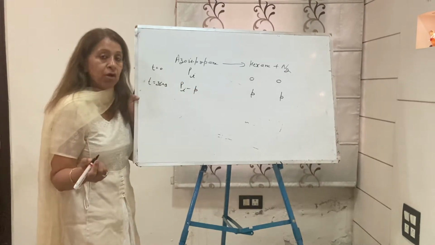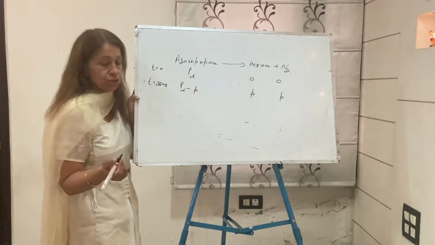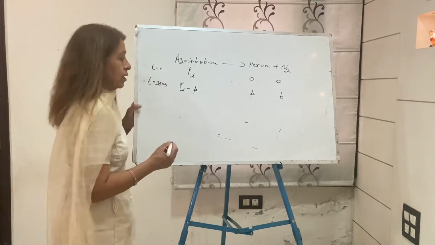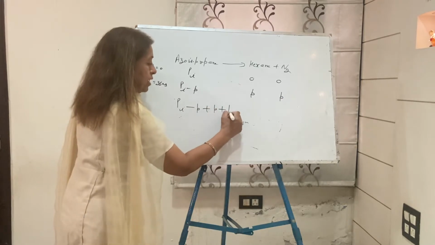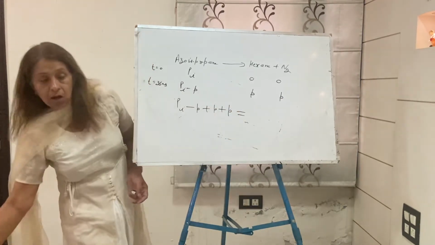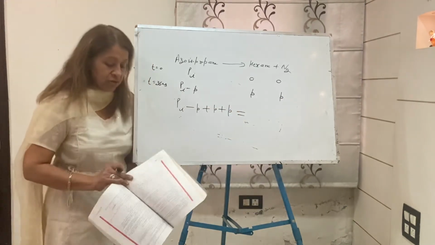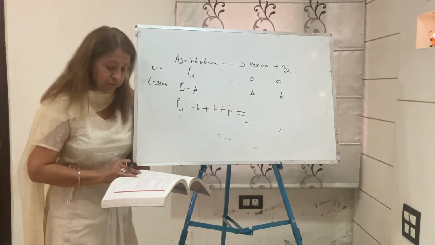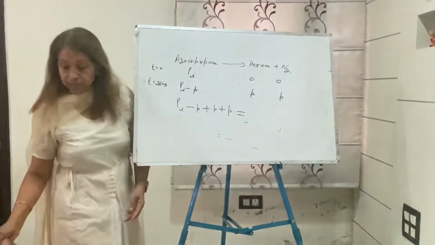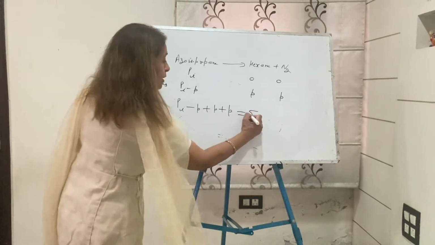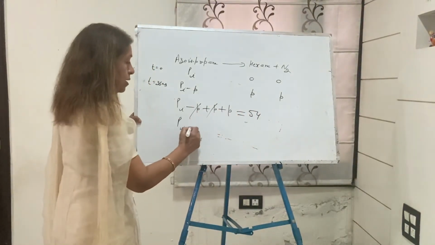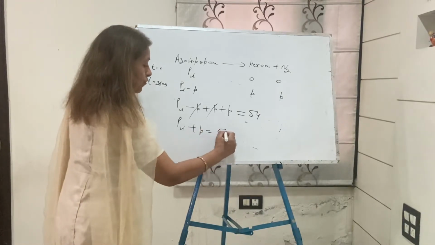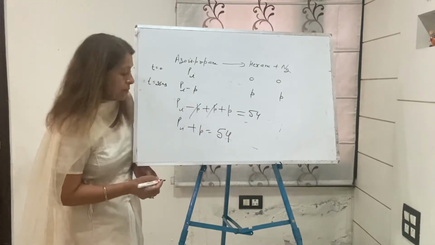That you know we have already done in class 11th, in the chapter on chemical equilibrium. Total pressure is Pi minus p plus p plus p. Let us check how much total pressure is given after 360 seconds. It is 54 millimeter. The p's cancel, and your answer will come: Pi plus p is equal to 54.